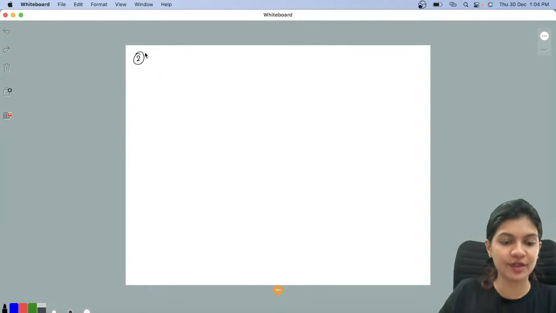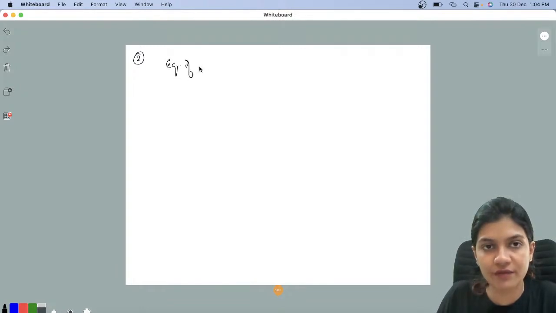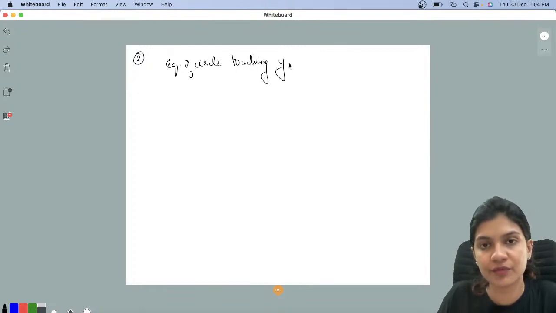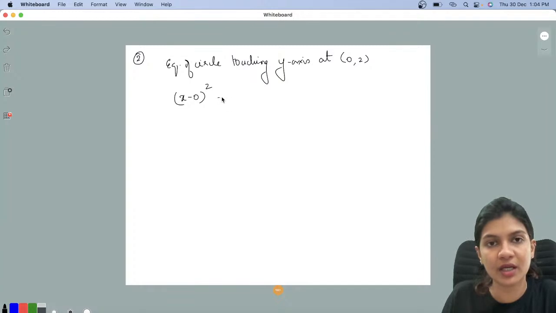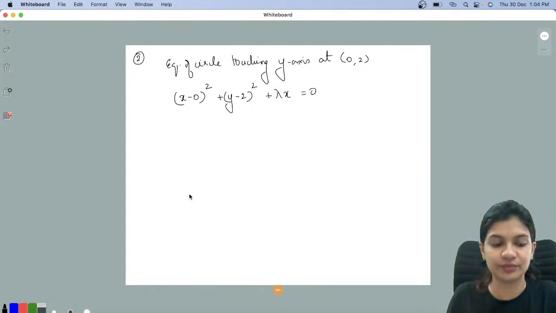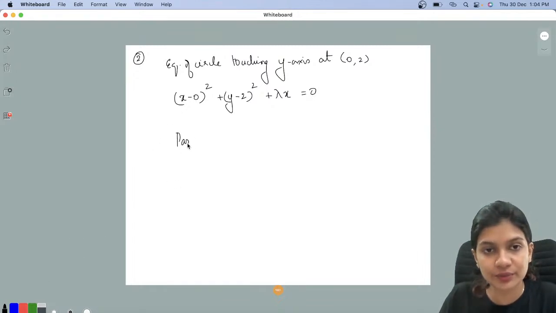Second question. The equation of a circle touching the y-axis at (0, 2) is x minus 0 whole square plus y minus 2 whole square plus lambda x equals 0. Now it is said that this circle passes through (minus 1, 0).